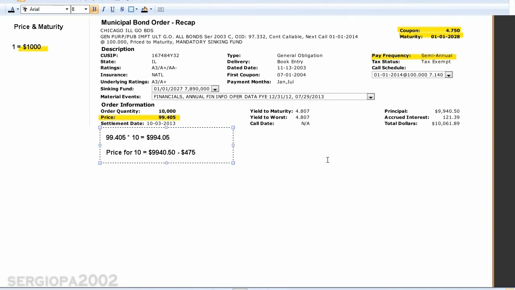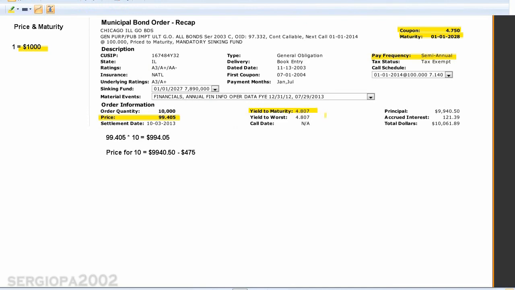So as you can see, you're getting a 4.75% interest yearly on your investment, but because you bought this bond at a discounted price of $994.05 instead of 1,000, your rate of return, or your interest that is actually called yield to maturity, is higher than 4.75, and is actually listed when you are about to buy the bond, or when you are looking for bonds, and is named yield to maturity, and it's right here.